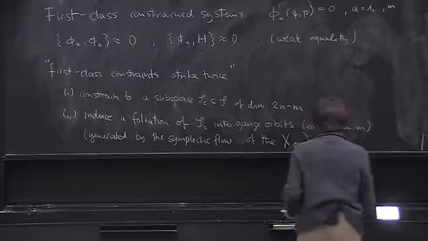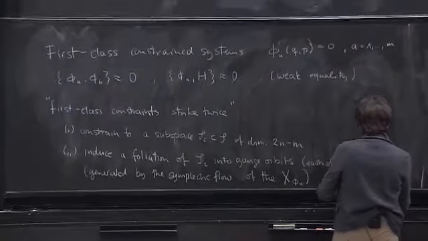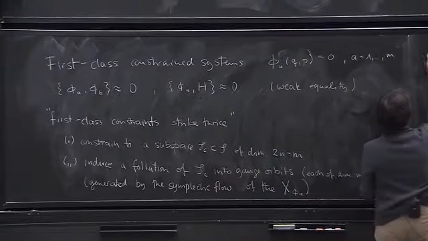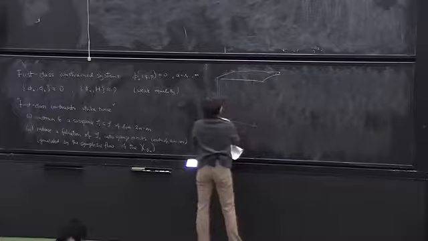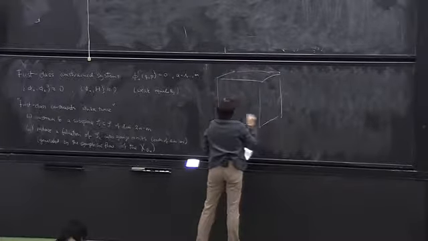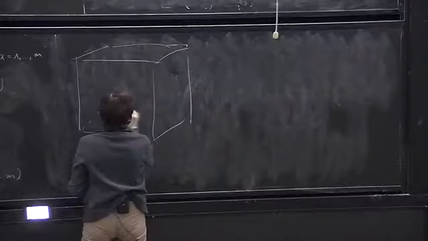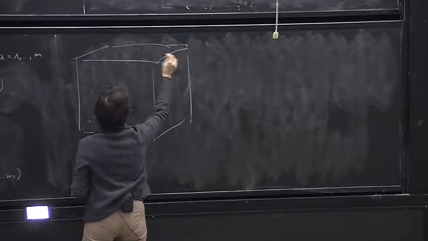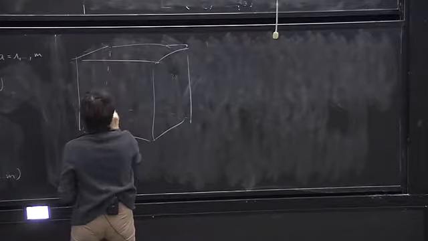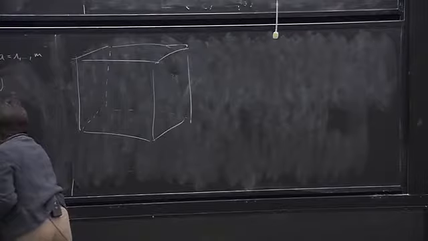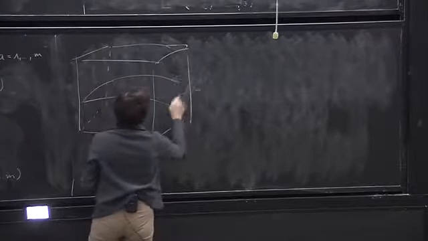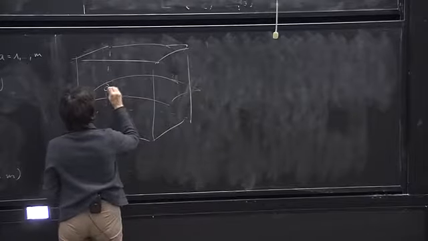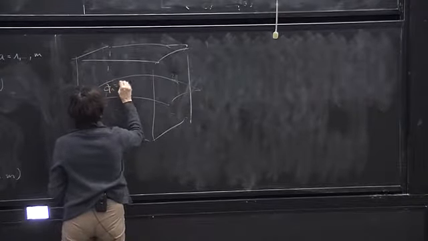And the picture we drew was as follows. This was my phase space. Here was my constrained surface defined by the joint vanishing of all the phi a's.